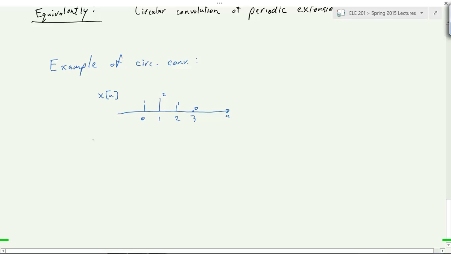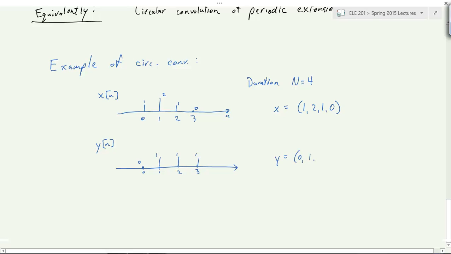Let's say y[n] has the same duration, N equals 4. So we have 0, 1, 1, 1. Keep all the numbers very simple here. You can think of these as just vectors. I can write x[n] as 1, 2, 1, 0, and y equals 0, 1, 1, 1.